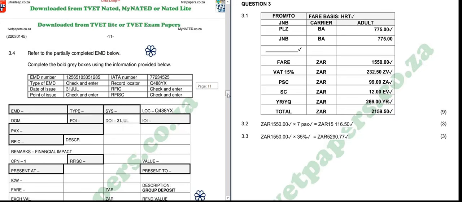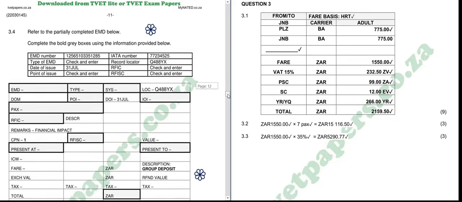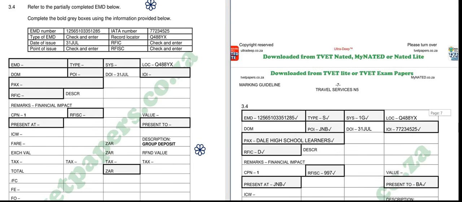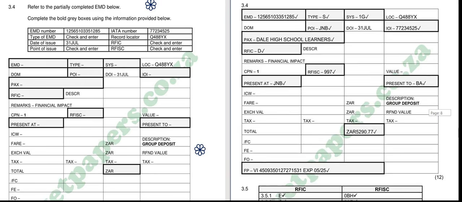Moving on to our next question, this is the question. It reads: complete the bold gray boxes using the information provided below. This is our response to that.